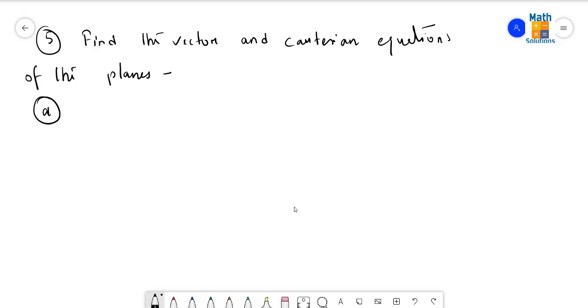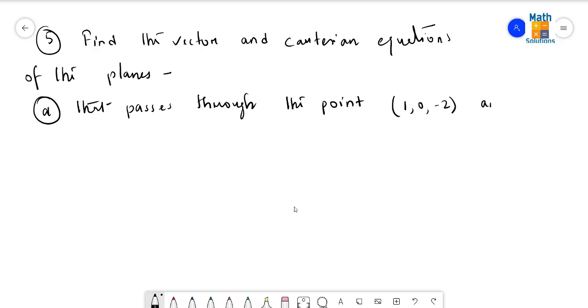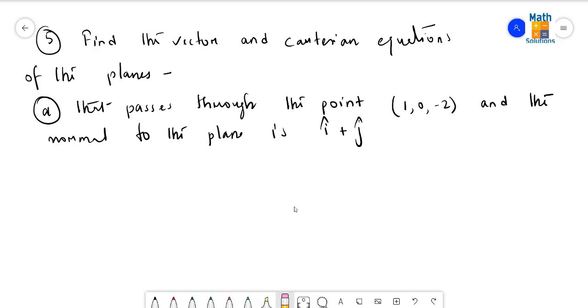The first one is given to be that passes through the point 1 comma 0 comma minus 2 and the normal to the plane is i cap plus j cap, actually this should be minus k cap.